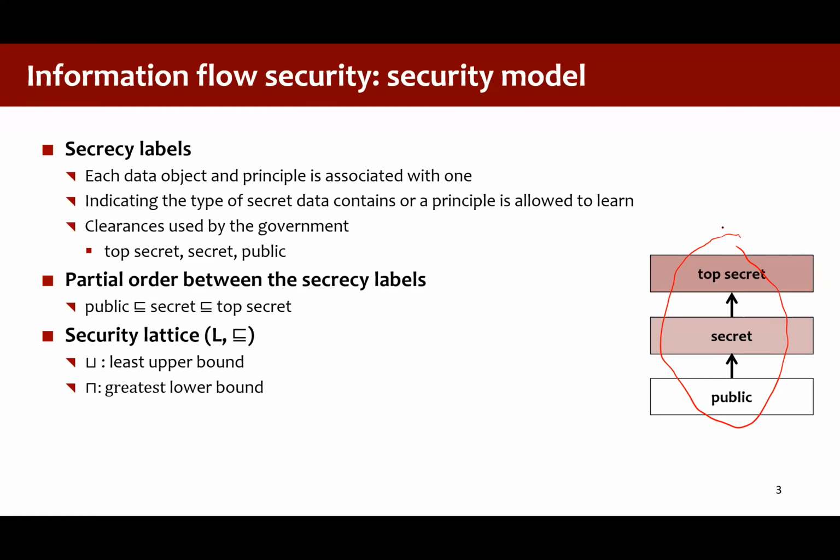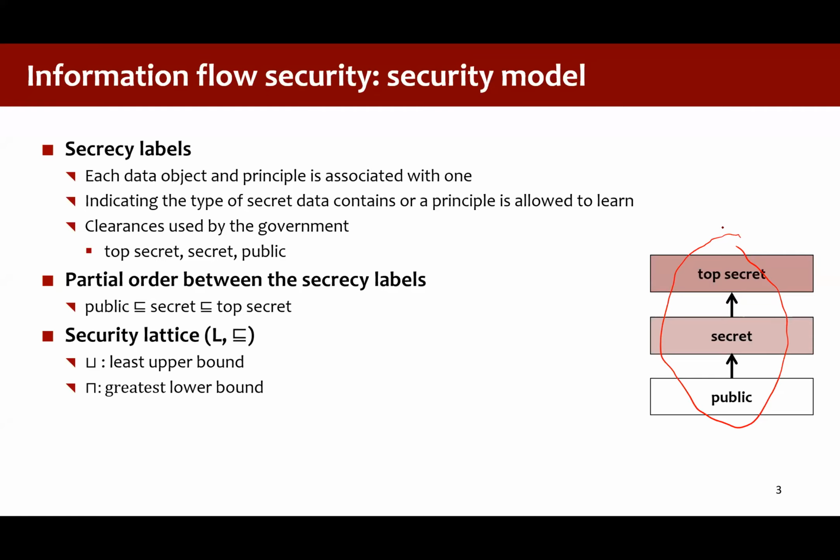Hi, I had a quick question. Is it possible to store more complicated labels? Maybe you want to store like 2 or 3 in parallel in addition to, say, public, secret and top secret? Yes, so this is a general lattice structure. You can have any label you want to. So if you read the literature, there is work on using the set of principals who can read-write files as a label.